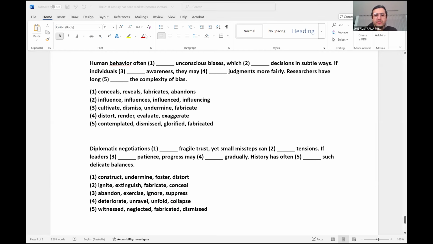That is the slight difference in usage. History has often witnessed such delicate balances. Generally with the word history, we use witness.